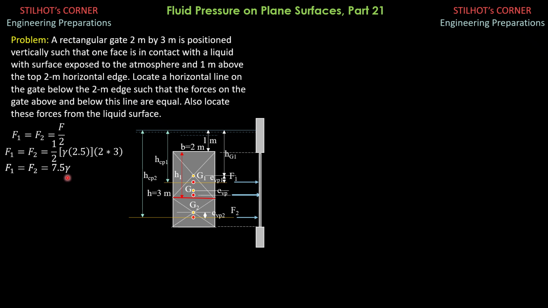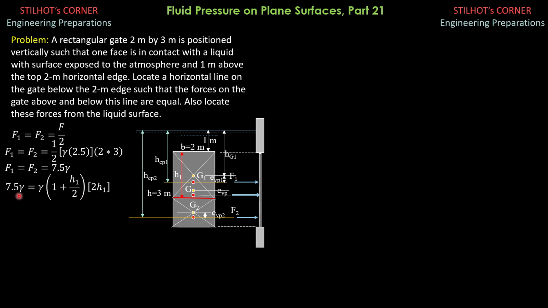Now considering F1, 7.5 gamma is gamma Hg1, and Hg1 is equal to 1 meter plus half of H1, H1 over 2. The area is 2 times H1. So 7.5 gamma is gamma times the quantity 1 plus H1 over 2, times 2 times H1.